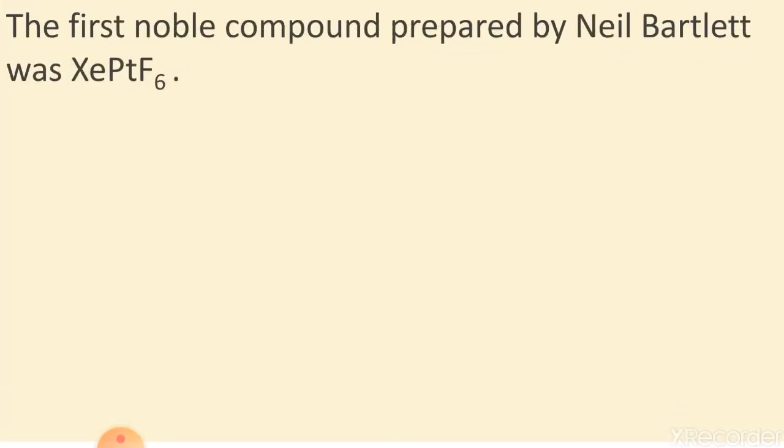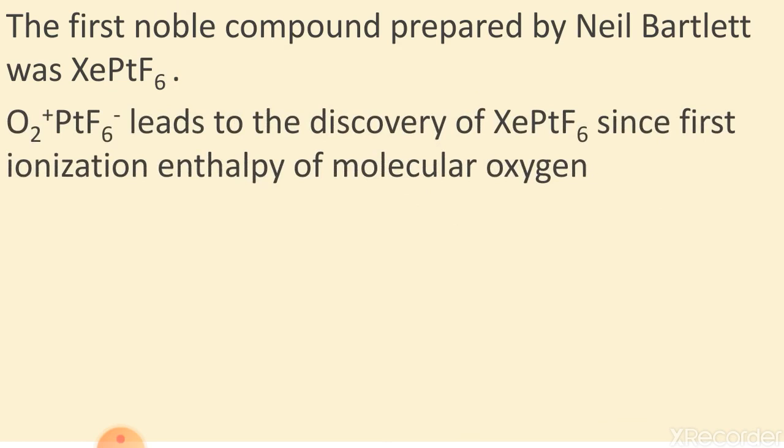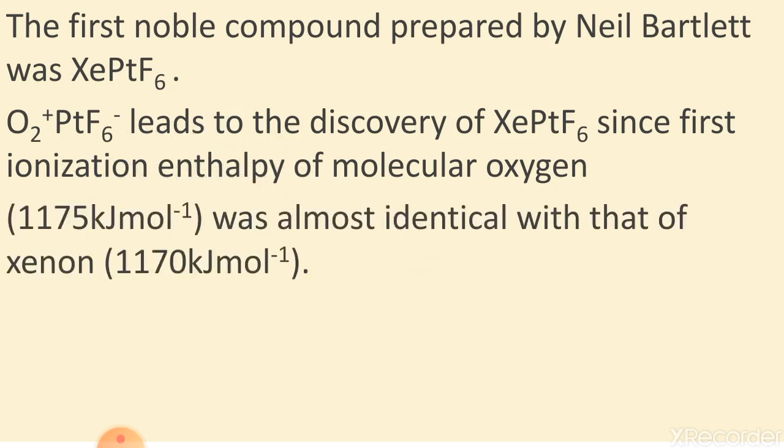Now dear students, the first noble gas compound prepared by Neil Bartlett was XePtF6. It can be prepared this way: O2 plus PtF6 led to the discovery of XePtF6, since the first ionization enthalpy of molecular oxygen, that is 1175 kilojoule per mole, was almost identical with that of xenon, that is 1170 kilojoule per mole.